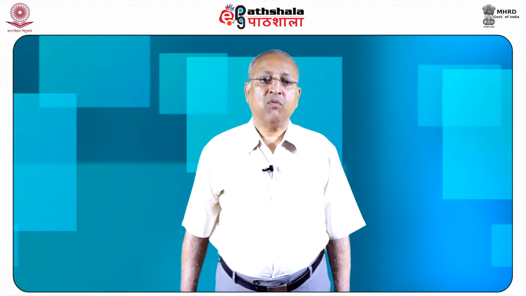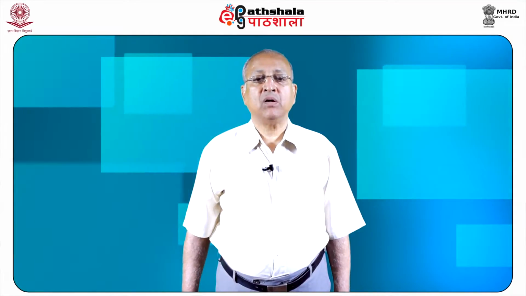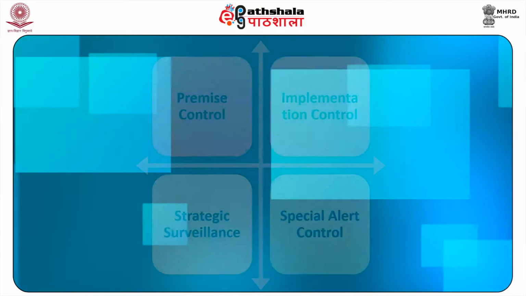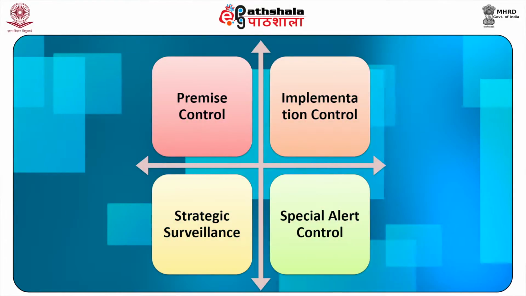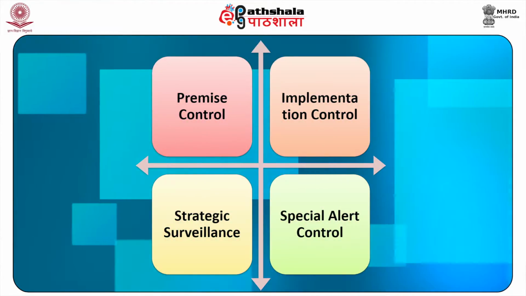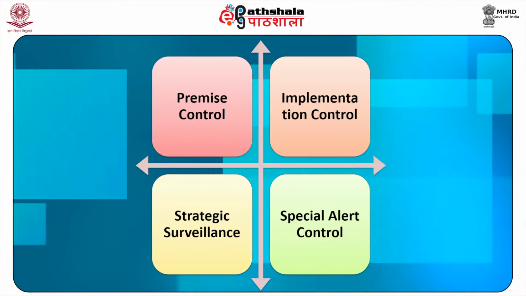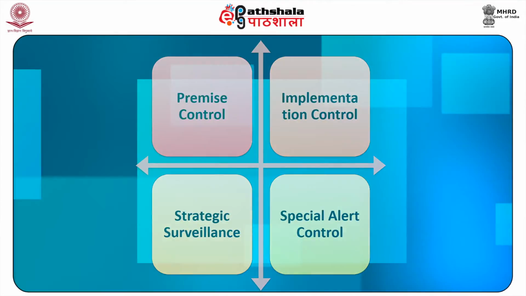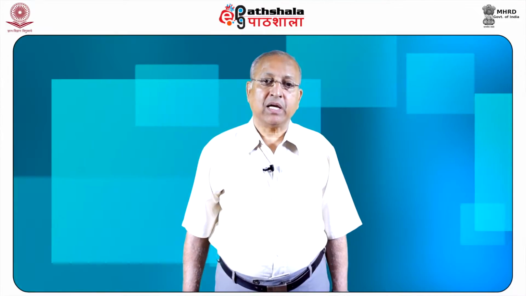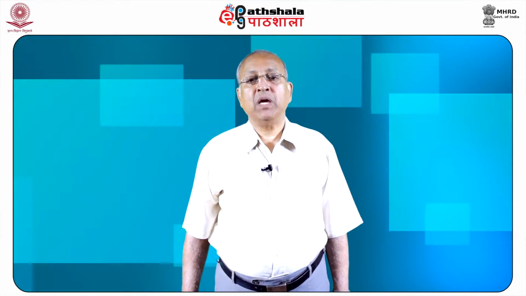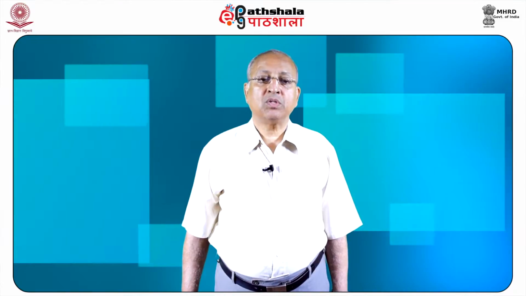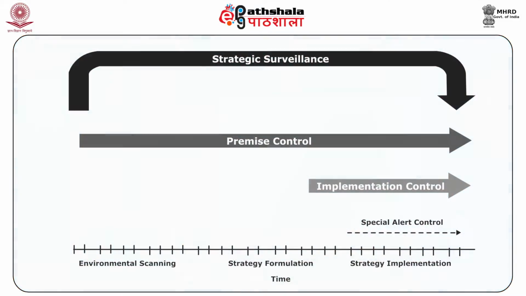There are 4 types of strategic controls, and these are premise control, implementation control, strategic surveillance, and special alert control. Diagrammatically, the timing of each of these controls can be shown as follows.